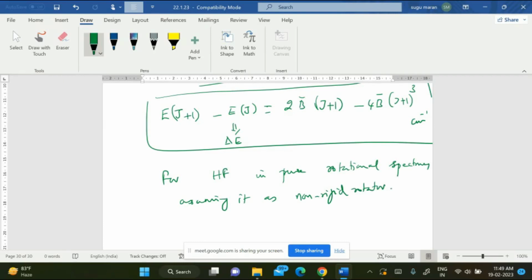So the equations, the spectral line equations, which we see.